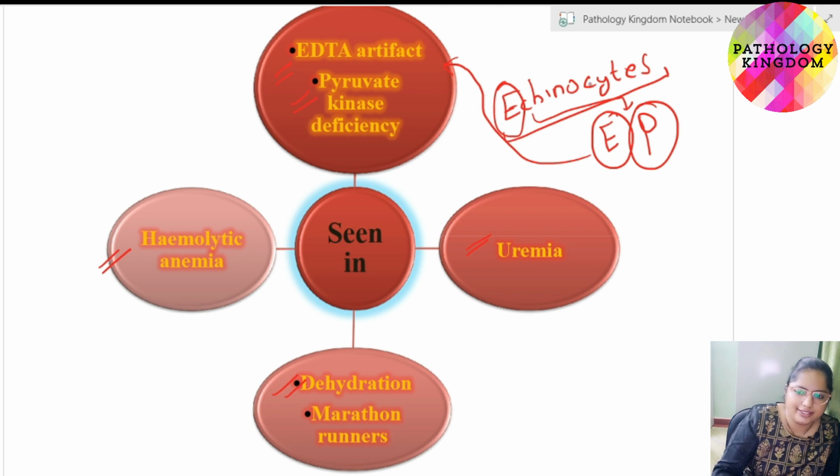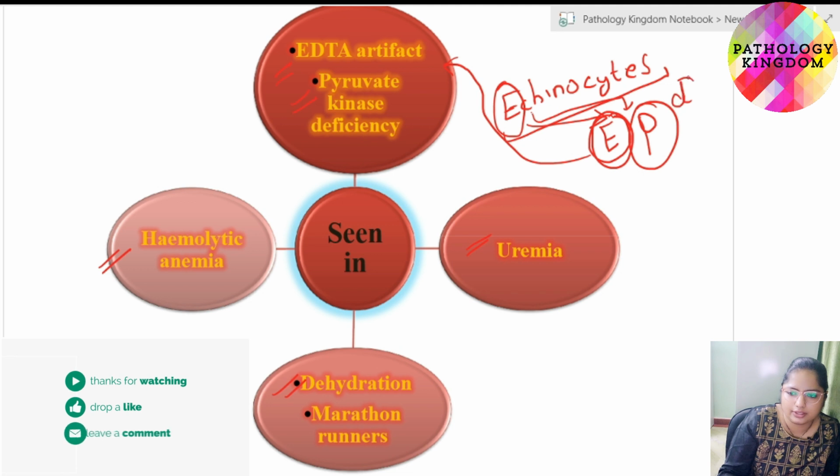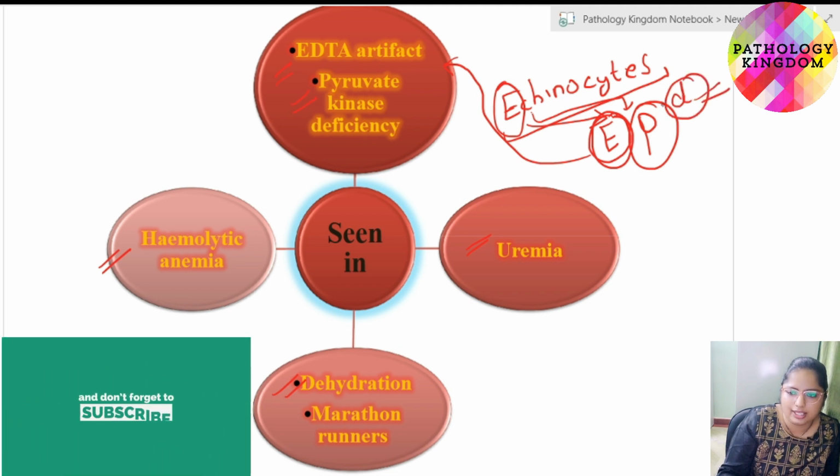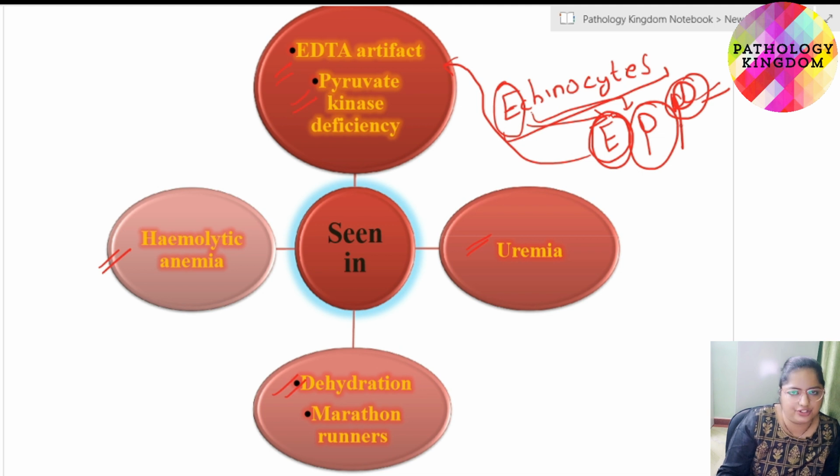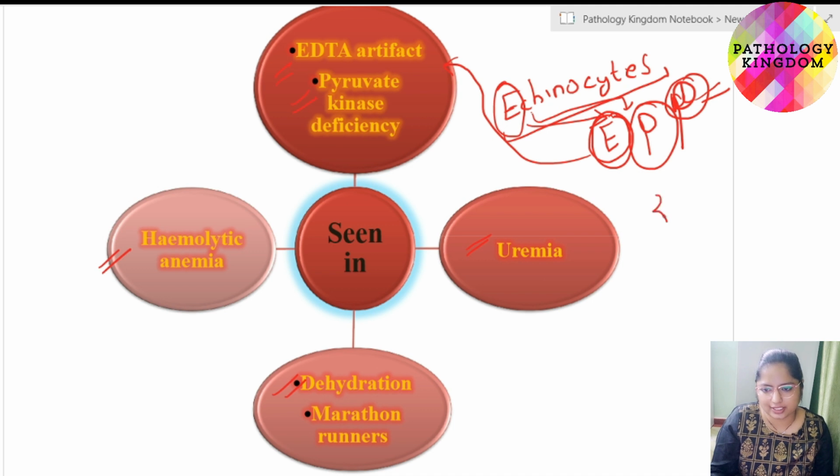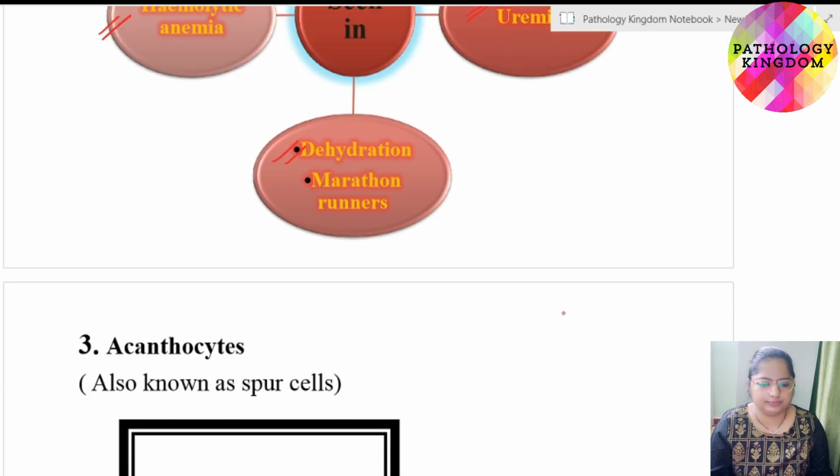So echinocytes are observed when there is EDTA artifact, dehydration, and pyruvate kinase deficiency. Others include hemolytic anemia and uremia. And in echinocytes, there are spicules over the surface of RBC. They are small and evenly distributed.